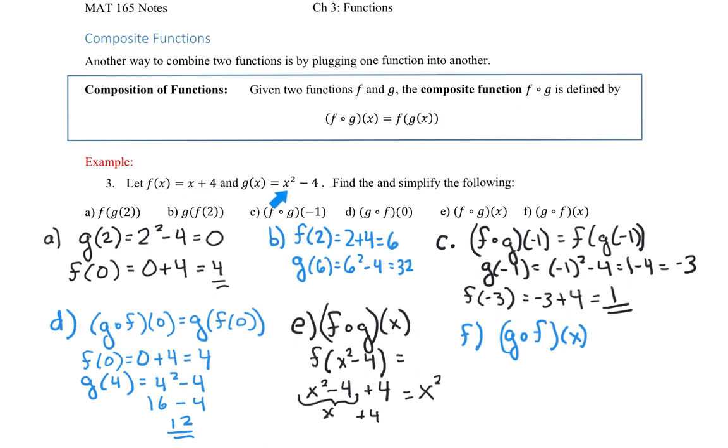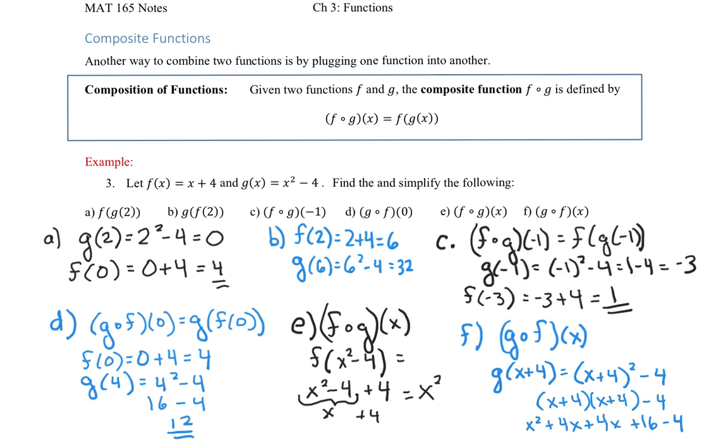That means wherever we see an x value in g, we're going to plug x plus 4 into there as well, and we'll get x squared plus 8x plus 12.